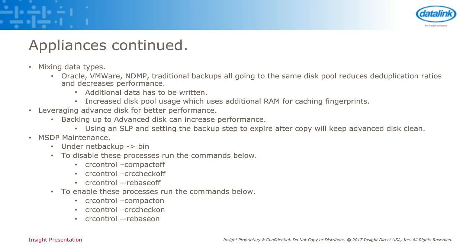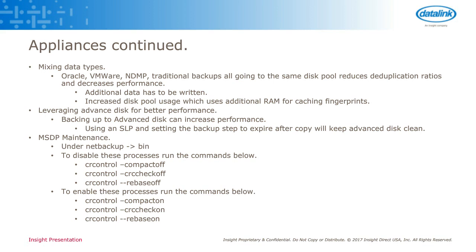Having different types of data decreases the efficiency of MSDP to store data. For example, having Oracle, VMware, and NDMP backups all going to the same MSDP pool will significantly impact deduplication performance, both in the speed that data is written as well as the deduplication rates.